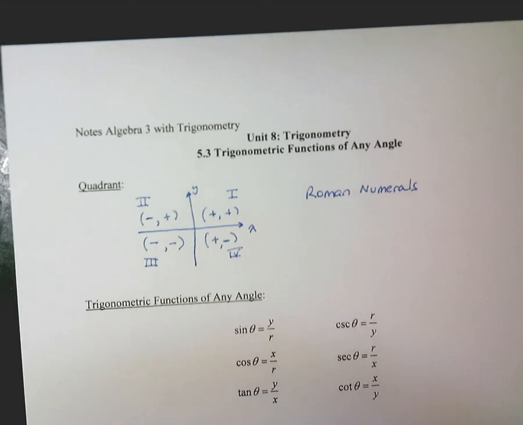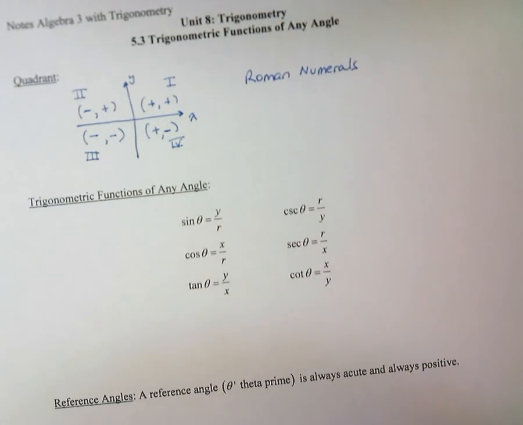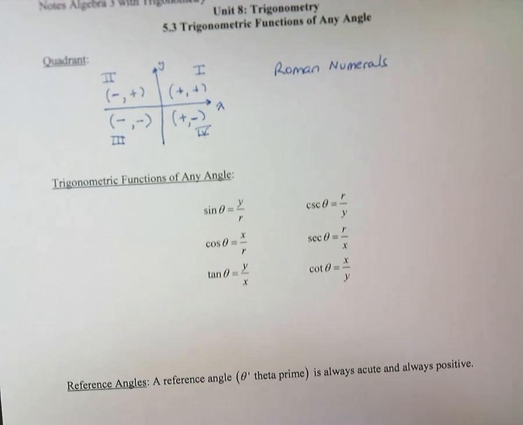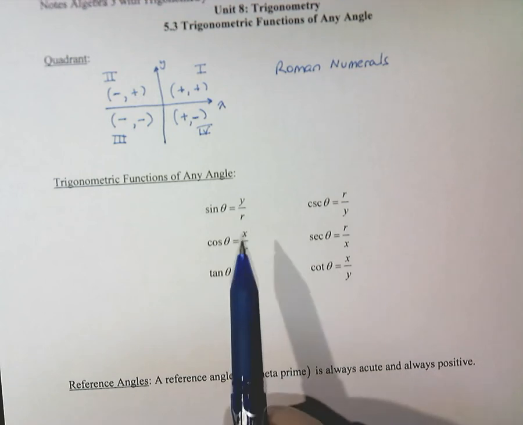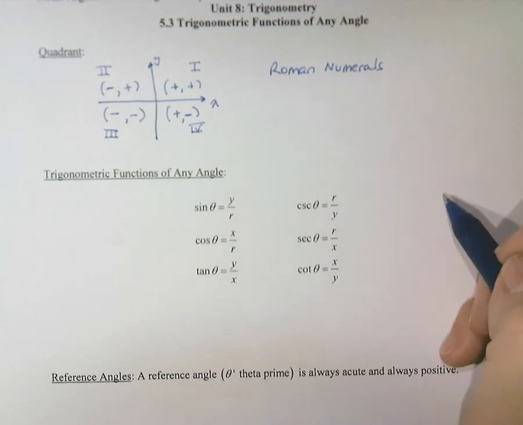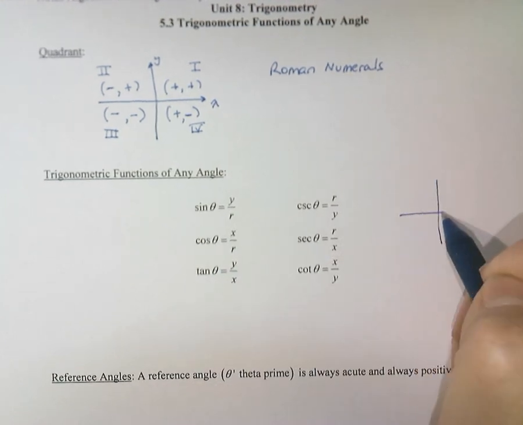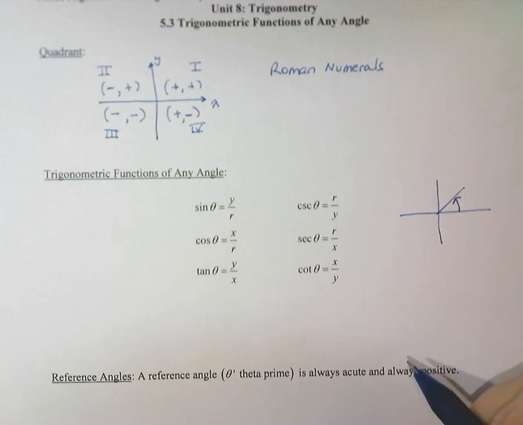Okay, the other aspect of this, which is going to take some getting used to, is trigonometric functions of any angle. If I were to draw an angle in a coordinate plane, the sine is going to be the ratio of the y value over the radius. So if I wanted to give you an example, say I'm going to draw this angle that looks like this.